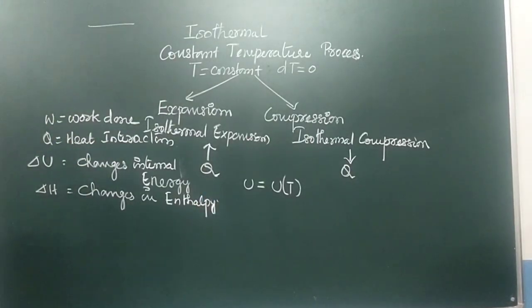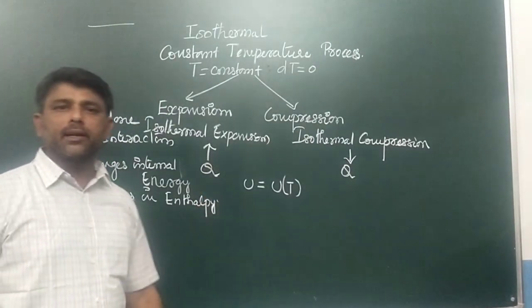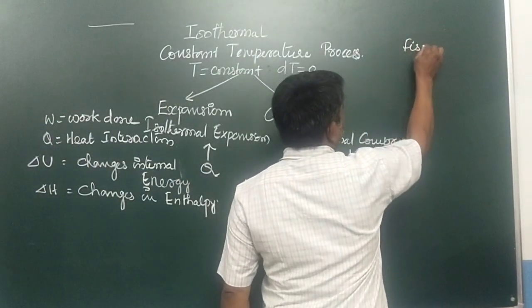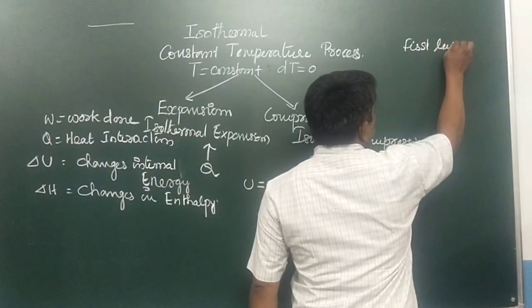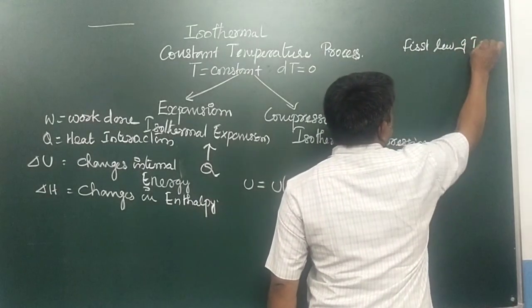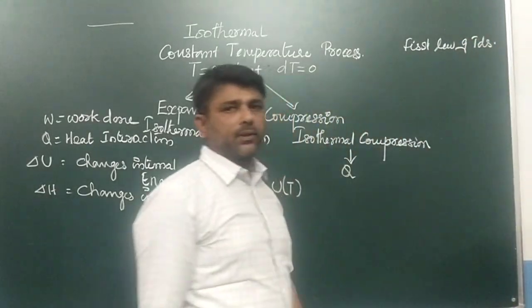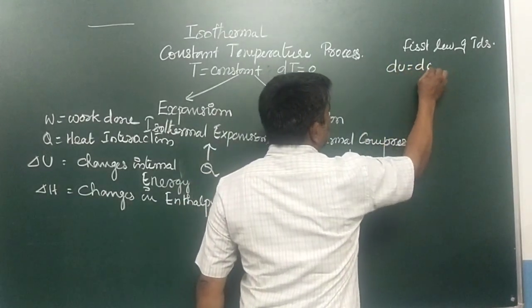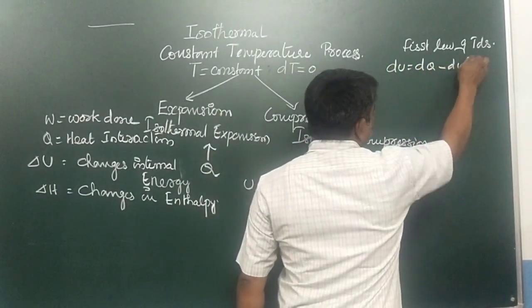These four quantities can be clarified by using the first law of thermodynamics. What is the first law of thermodynamics? dU is equal to dQ minus dW.